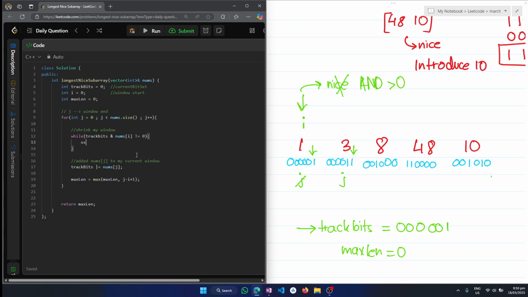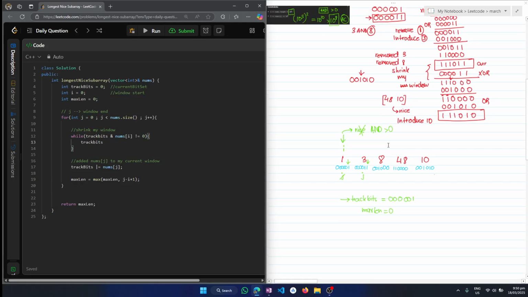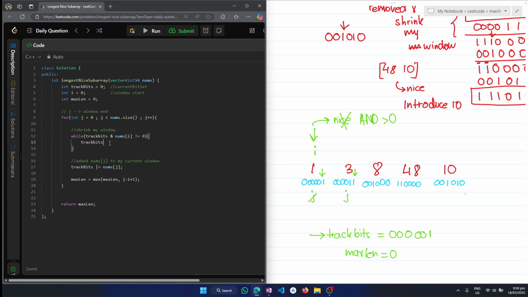What I'm going to do is take the XOR, just like we did over here. That is exactly what I need to do at this point as well. Now, how do we take the XOR? Something like this: track bits is equals to track bits XOR nums of i. So after the compiler executes this line, nums of i is successfully removed from my track bits. This is my track bits right now. What I'm saying is take the XOR of track bits with this number itself.